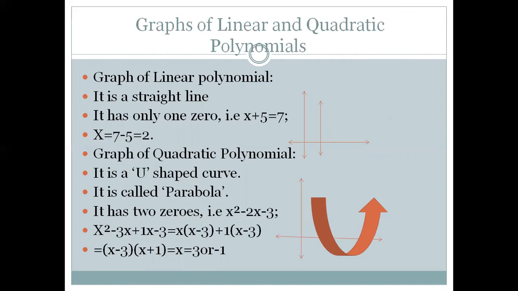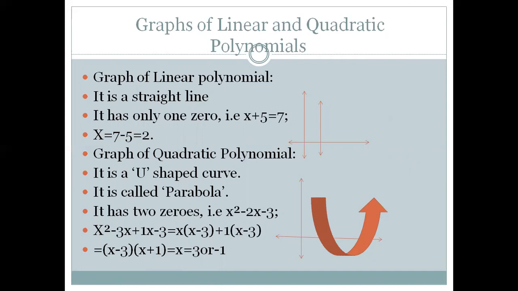Now, what about the graph of a quadratic polynomial? You see here that the graph of the quadratic polynomial, if you observe the right hand side graph, it is a U-shaped curve. So graph of the quadratic polynomial is always a U-shaped curve, and the name of this curve is parabola. Parabola.